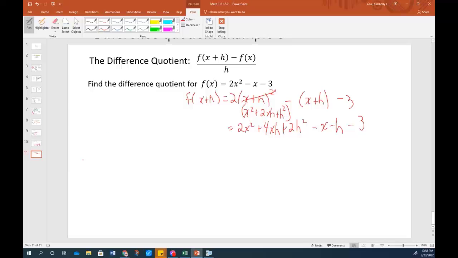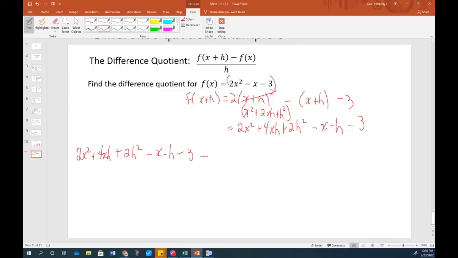Okay, so now for my difference quotient, I have 2x squared plus 4xh plus 2h squared minus x minus h minus 3 minus f of x.